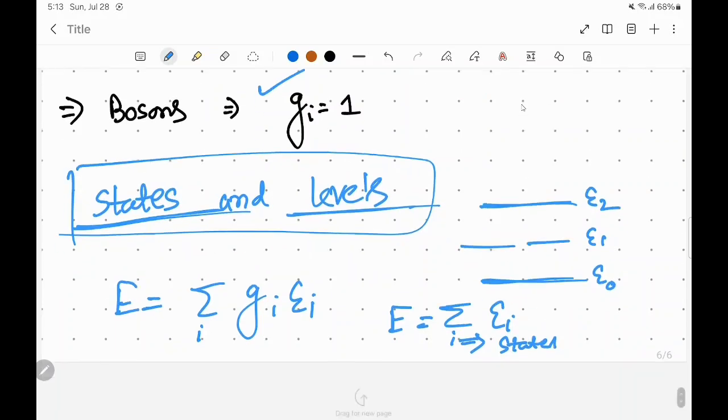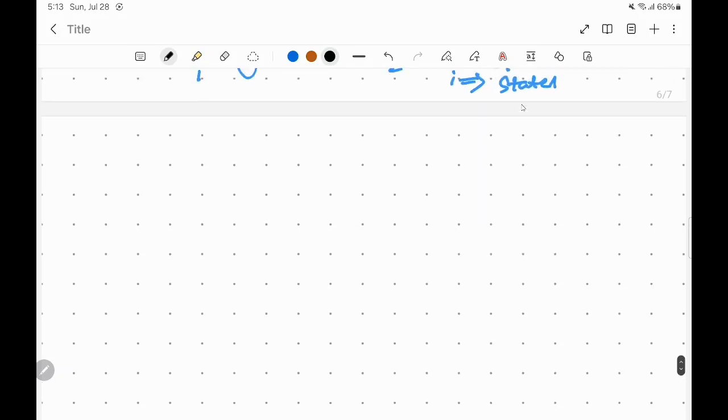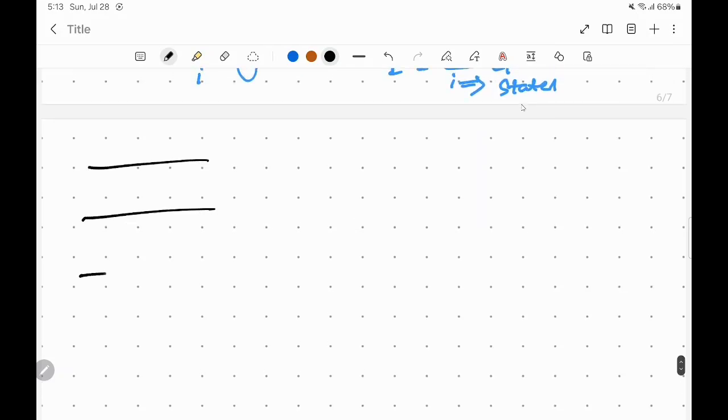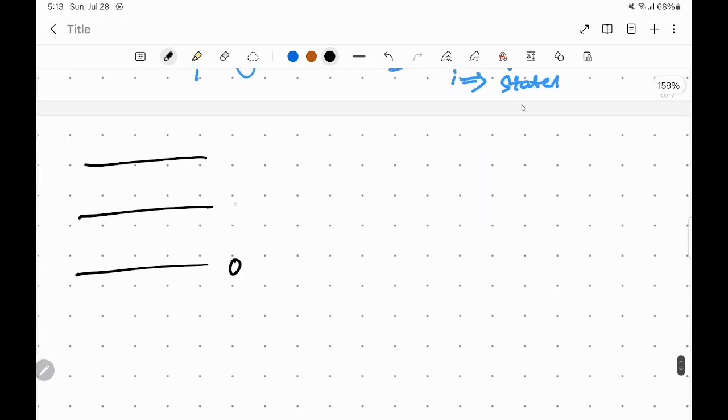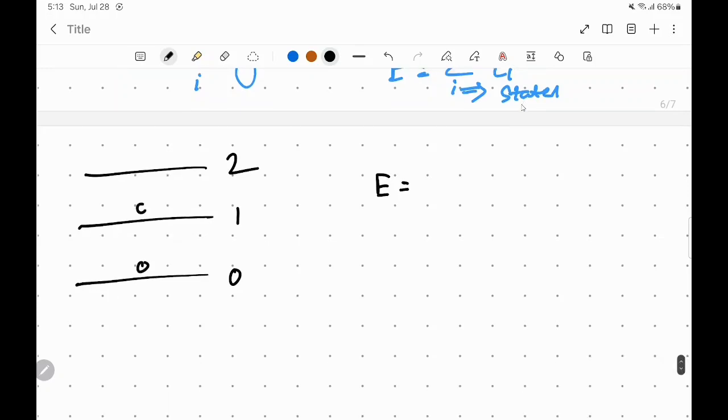Let me give an example. This is very confusing, because when I was studying, this confusion appeared to me too. Let's say we take these three energy levels. This energy is 0, this is 1, and this is 2. What will be the total energy? In each case there is one particle.